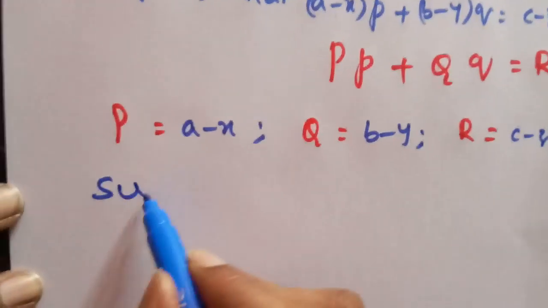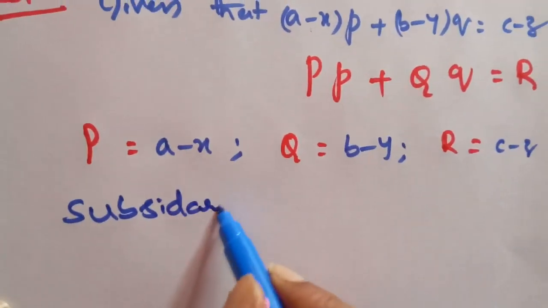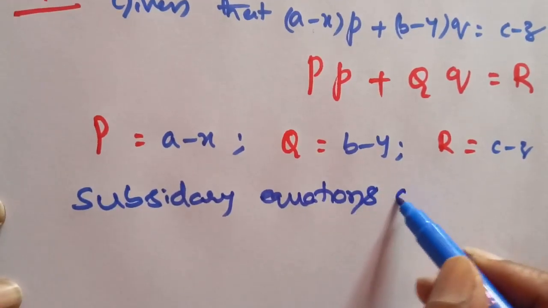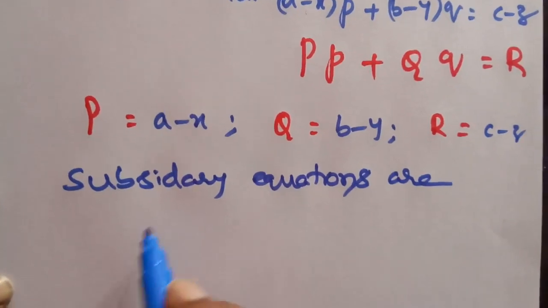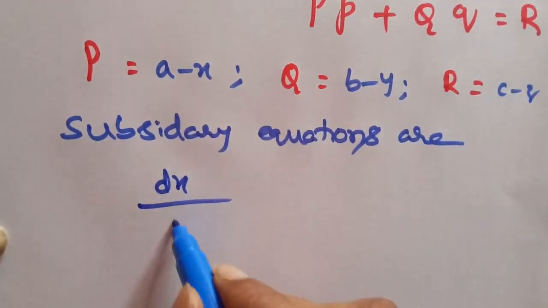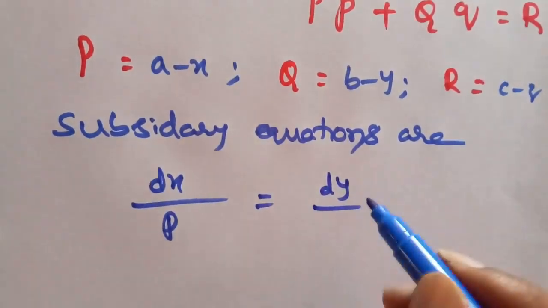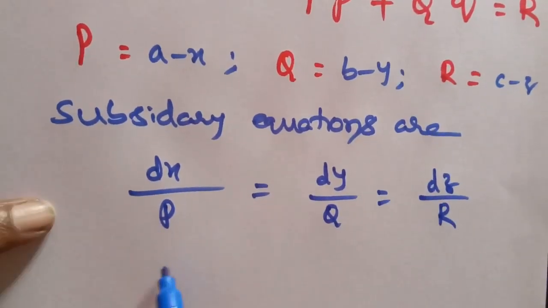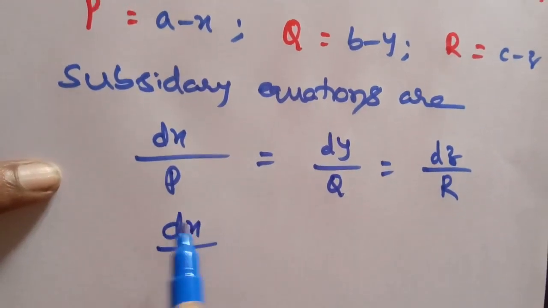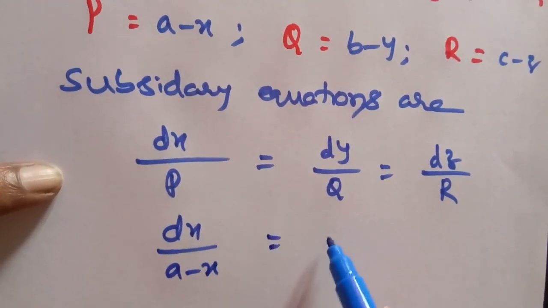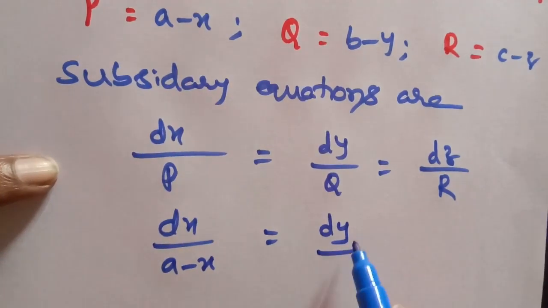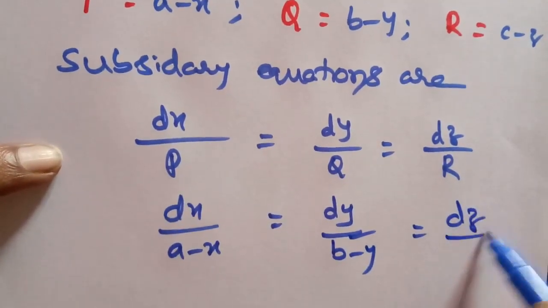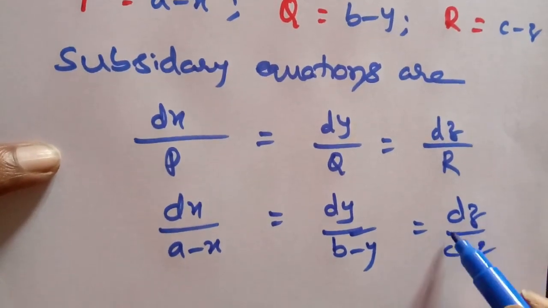Therefore, substitute into the equations. The equations are dx by P, dy by Q, dz by R. Now dx by a minus x, dy by b minus y, dz by c minus z.